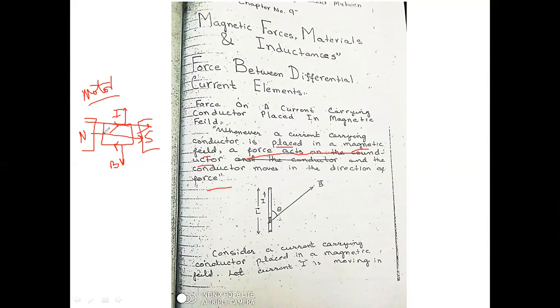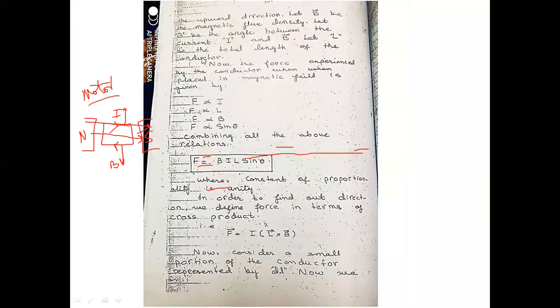It may be any theta, it depends. Let B be the magnetic flux density, let theta be the angle between the current I and the B, and L be the length of that conductor.